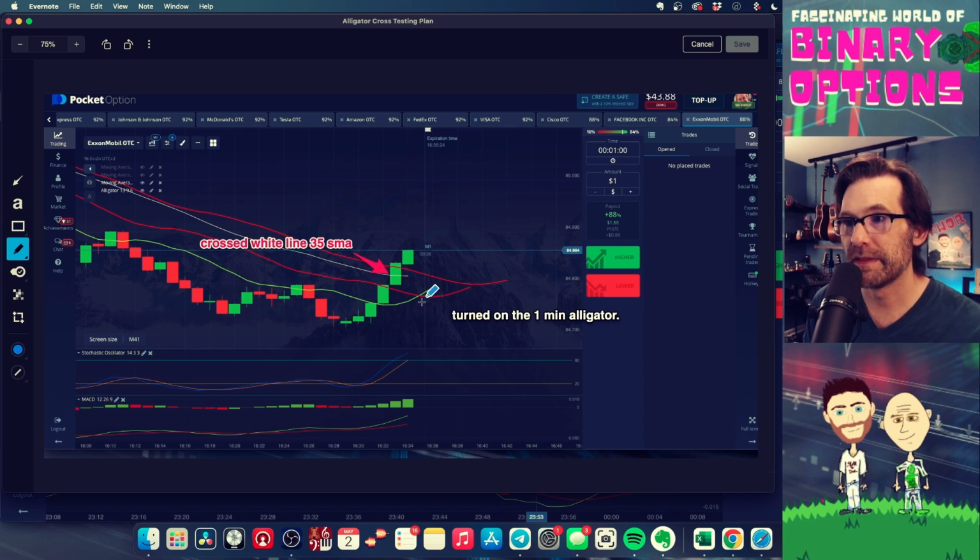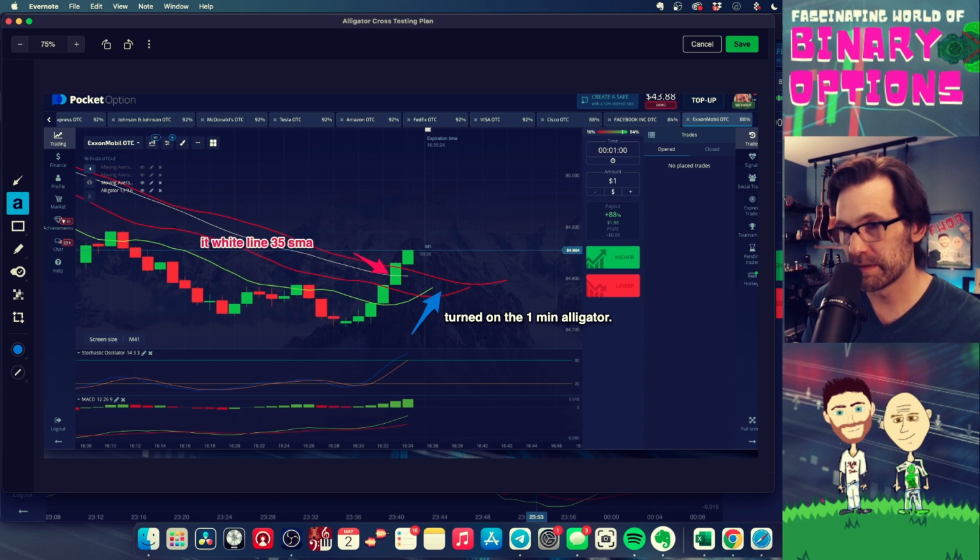Then what I saw was the 1 minute alligator was coming through here, crossing up with force, and it had also already crossed the white line. It broke through the white line, which is huge. I turned on the 1 minute alligator, and I saw that it's heading up with force.